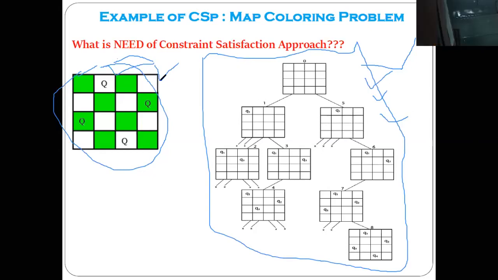Time: if you don't use the constraint, which is a part of the constraint satisfaction approach, will the time required to solve that problem be less or more? More. How? Because there you are not using any kind of rules to place the queens. Yes or no? So you will go on placing the queens randomly.